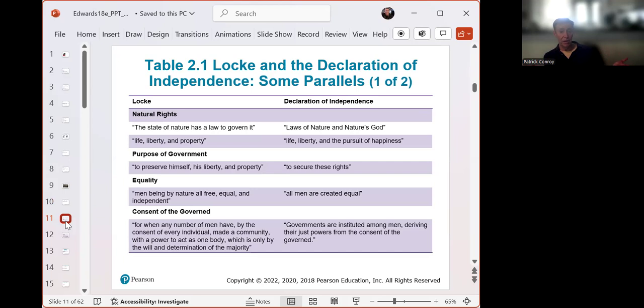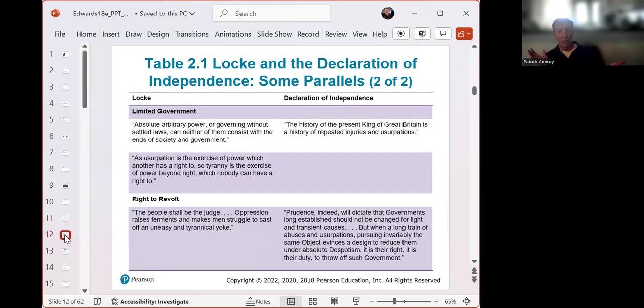What was the purpose of government? What was equality? The consent of the governed. Limited government, right to revolt. So all of these ideas had already been going around a couple of generations before they were adopted by the American Revolution.